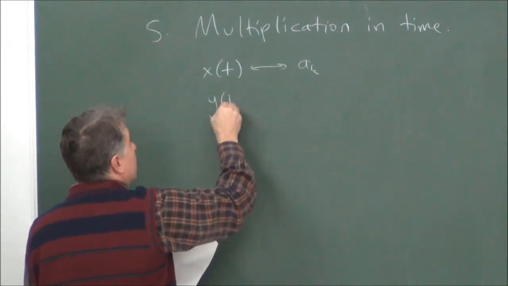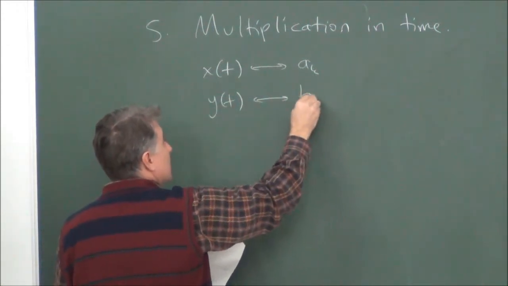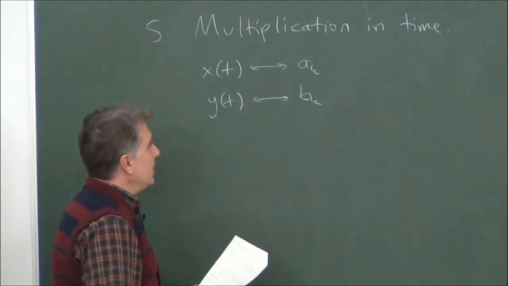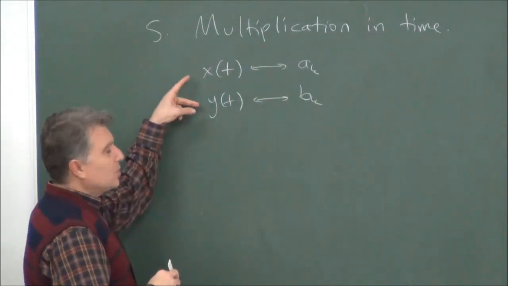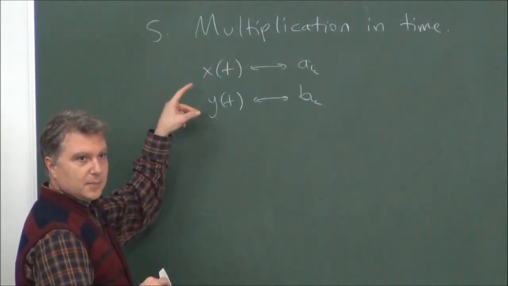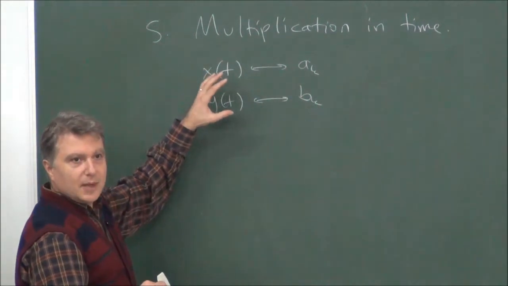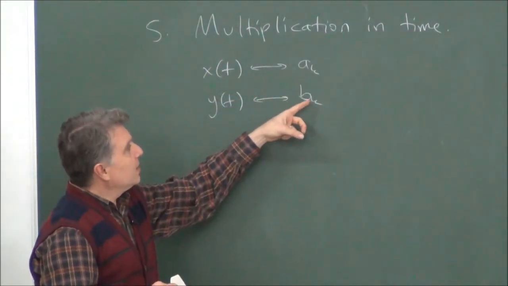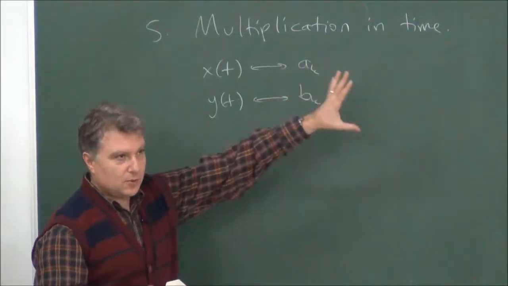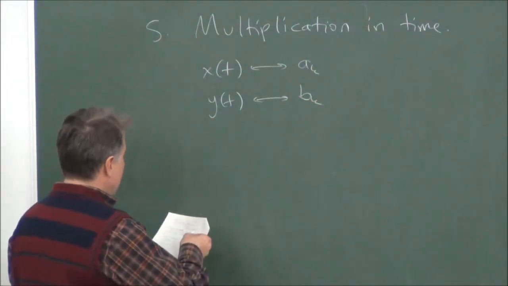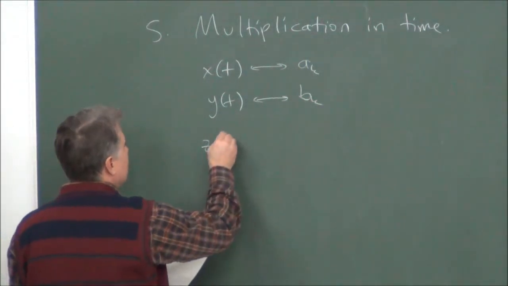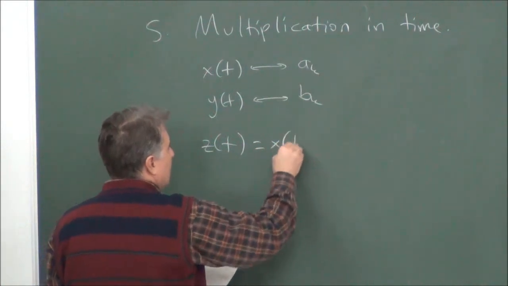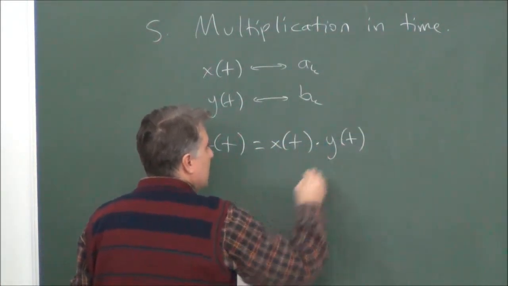You have y of t and the coefficients are b_k. And by the way, these two must correspond to the same frequency or the period. So they are compatible. The k index refers to the same frequency in both signals, in other words. And let us multiply x of t times y of t to obtain z of t.